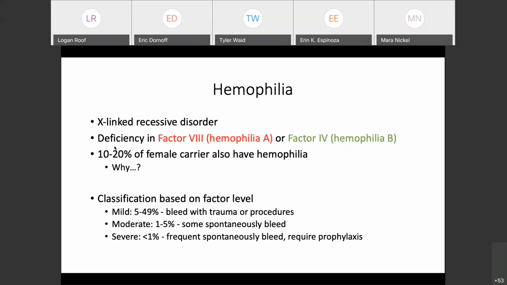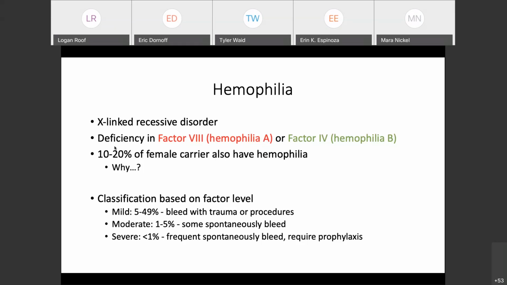The reason is lyonization, which can inactivate the more or less normal X chromosome, and so they only have the X chromosome that has the hemophilia disease.